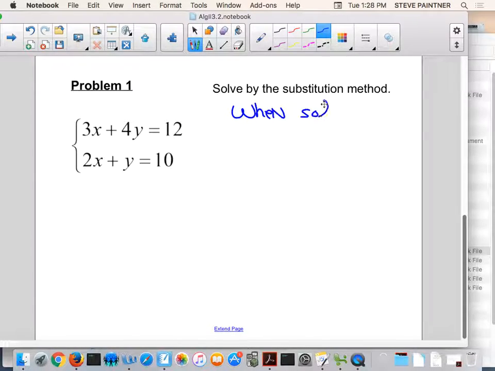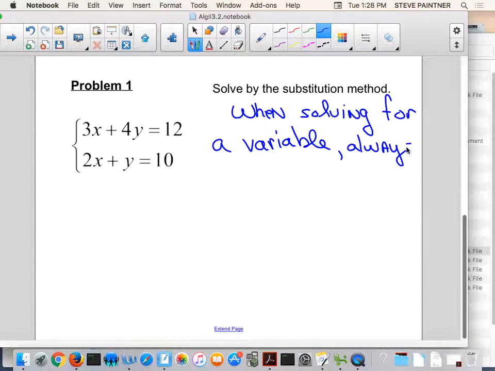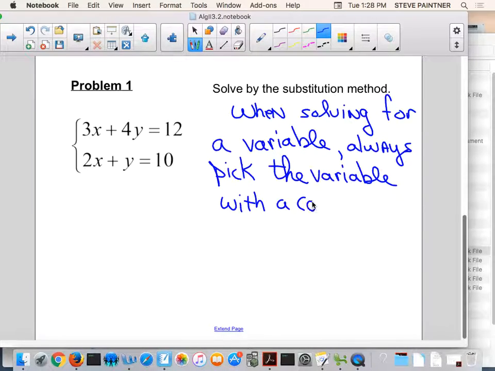When solving for a variable, either x or y, doesn't matter, always pick the variable with a coefficient of 1. Now, the word coefficient, what's a coefficient?